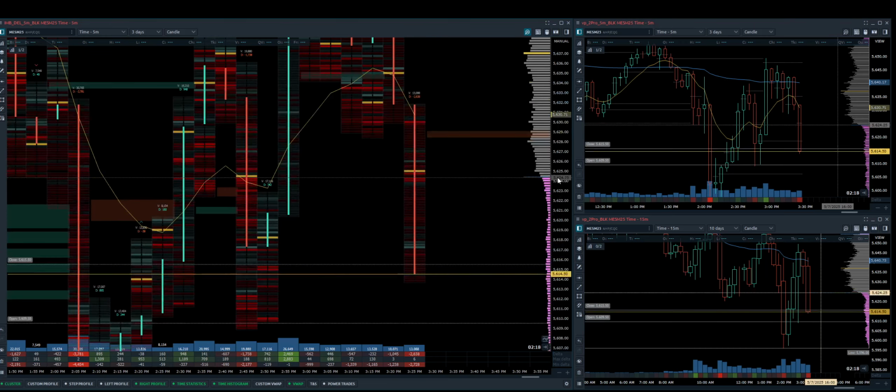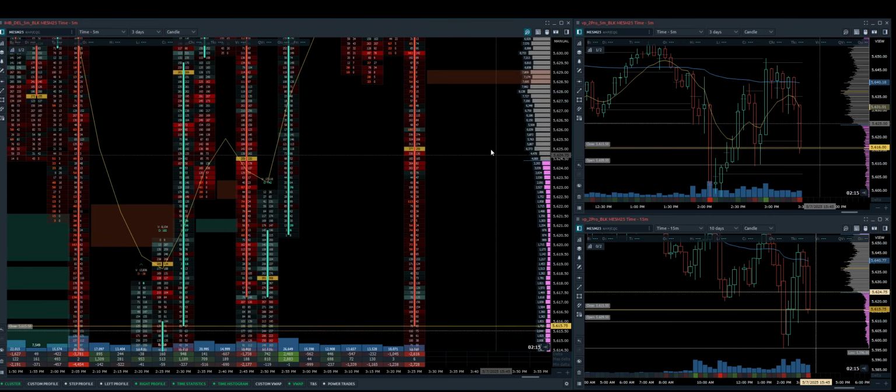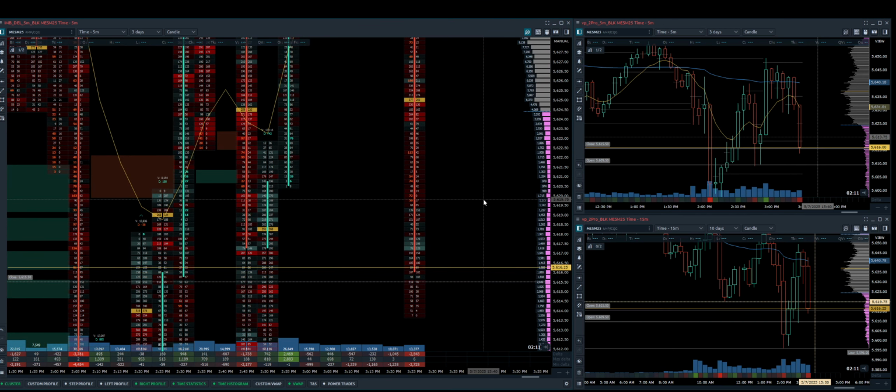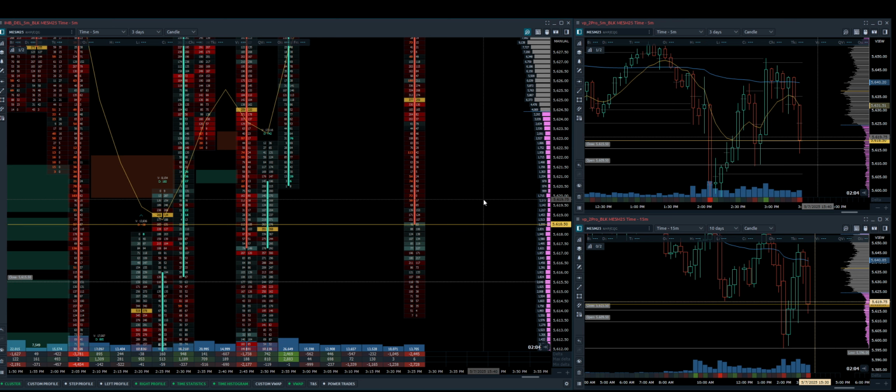Fear of missing out has ruined a lot of traders. The great thing about trading in today's day and age is the next trade is just a click away.